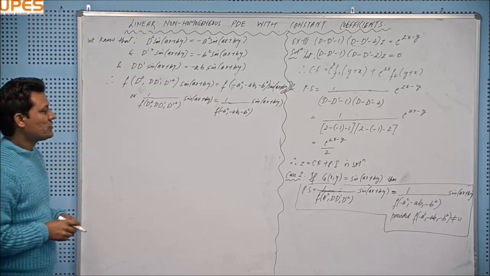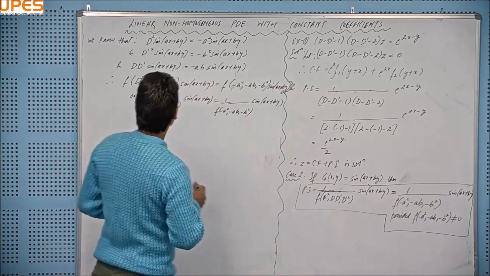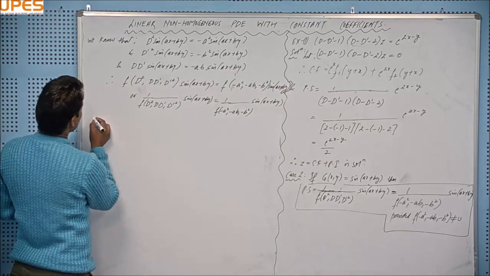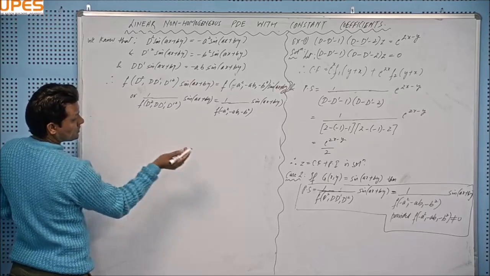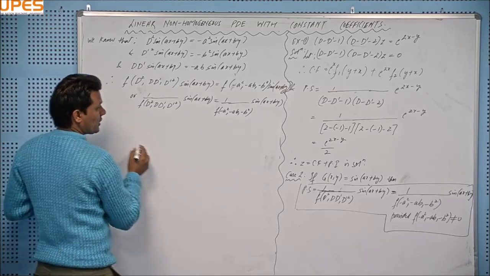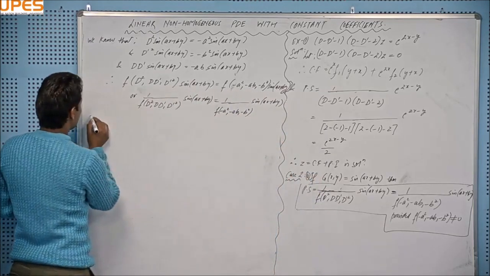And the same is the situation if you write g(x,y) is equal to cos of ax plus by, the result is similar. I will write this as case number 2. I should put this as case 2a, and here I will have case 2b.